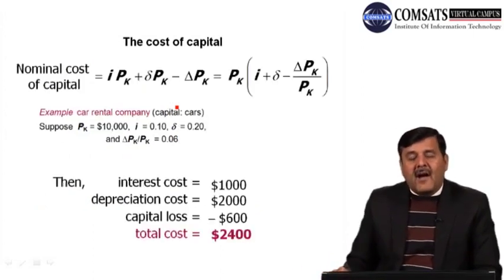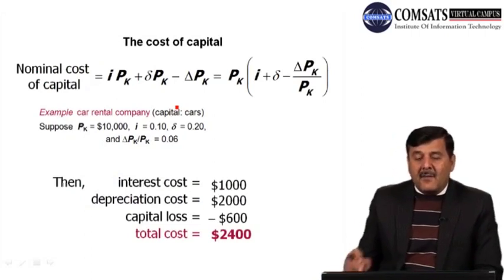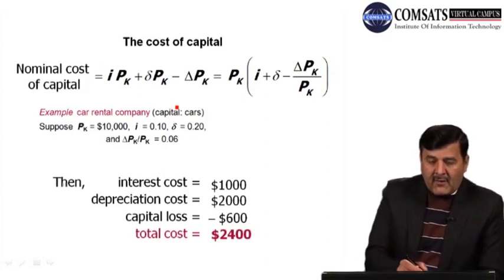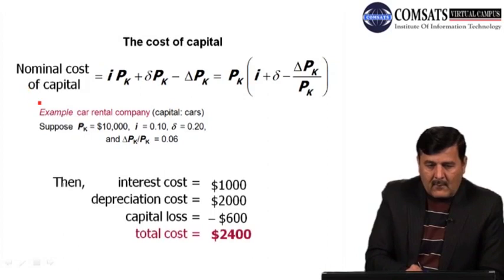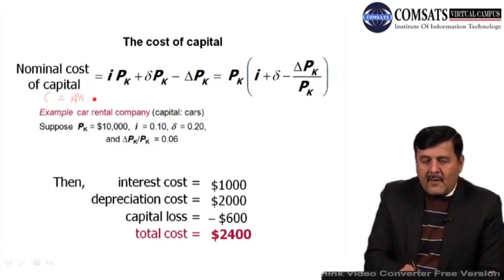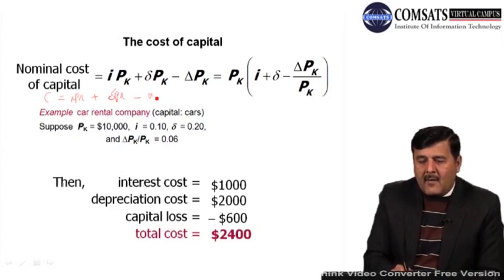Now nominal cost of capital is equal to iPK plus depreciation lambda PK minus delta PK. If we simplify this equation, the total cost is equal to iPK plus lambda PK minus delta PK.